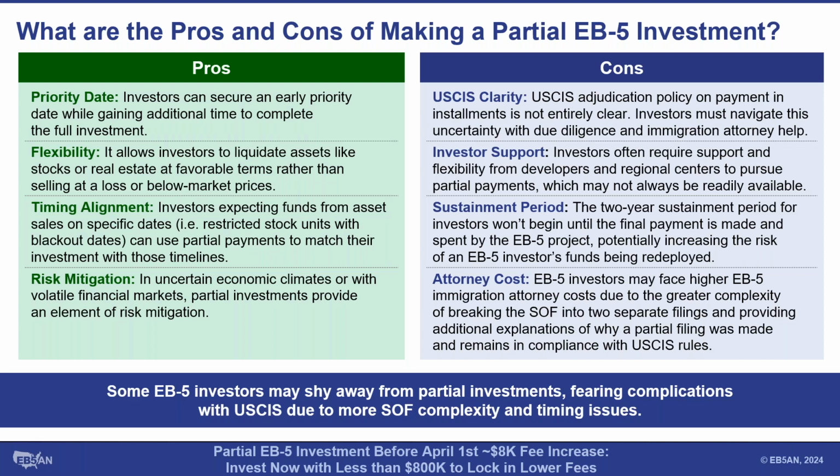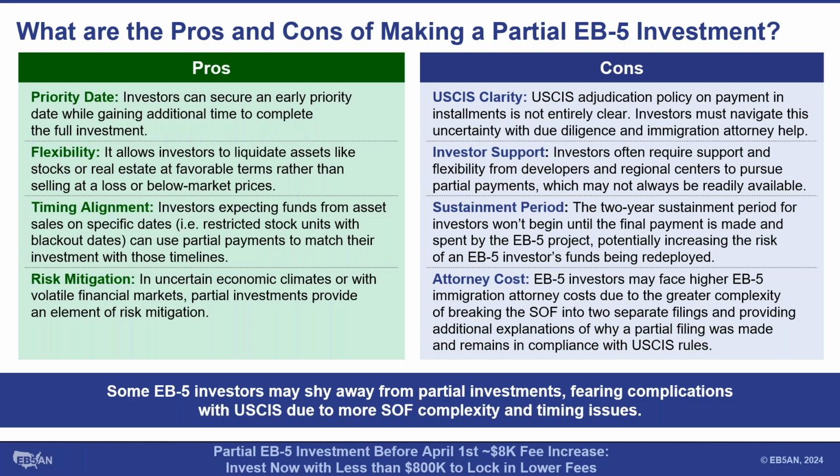Second of all, the EB-5 unit of the USCIS released new guidance with respect to how long the investment needs to be sustained. That policy guidance said that it has to be sustained for a 2-year period, but it won't begin for investors who are paying in installments until the final payment is made and spent by the EB-5 project.